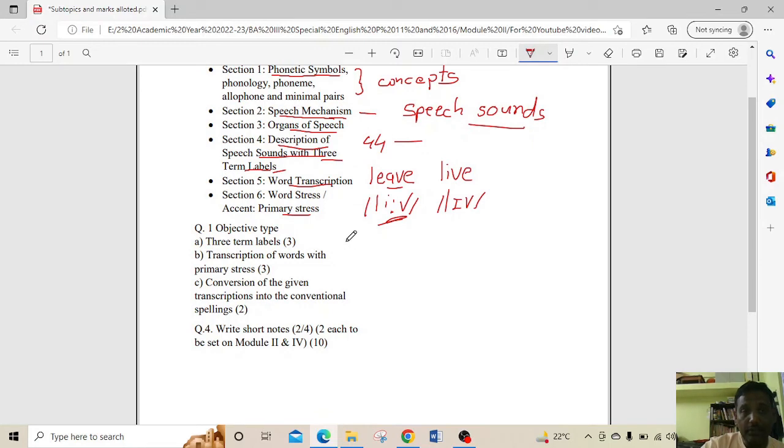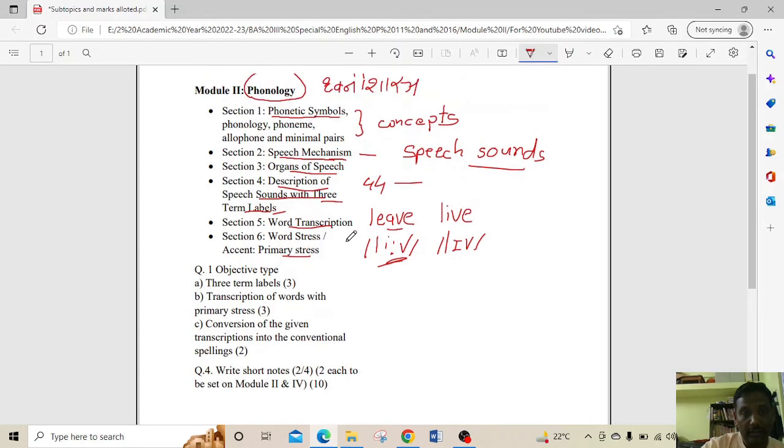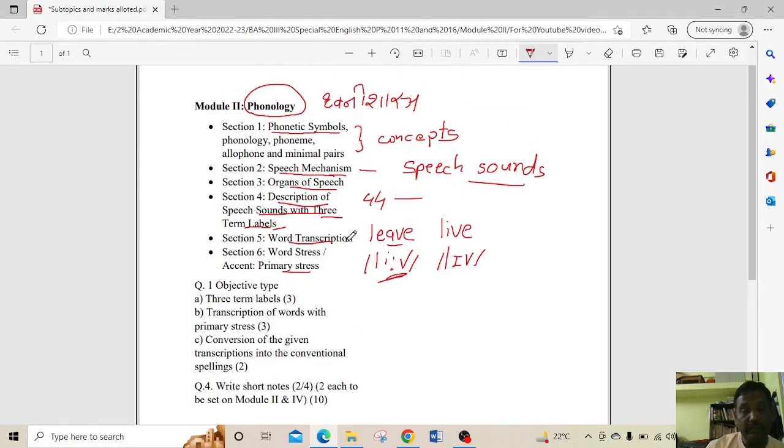Now, in your question paper pattern, certain questions are based on this module, that is phonology. In question number one, you have objective type questions in which you will be asked three term labels. It is for 3 marks, which is related with this section, description of speech sounds with 3 term labels.